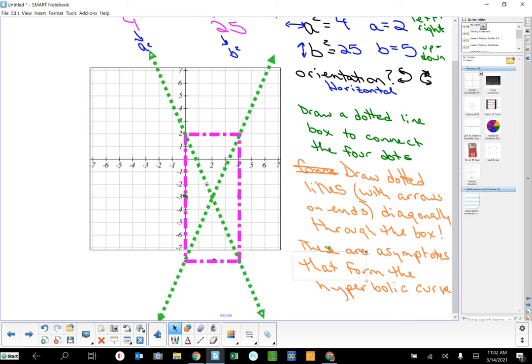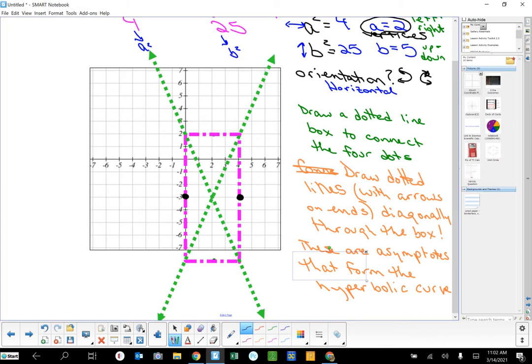all right, what's our orientation? Our orientation is horizontal. So these points right here that we used, those are our vertices on the left and right side. Okay, so when we went left and right, these are our vertices. And we're going to actually hit those.